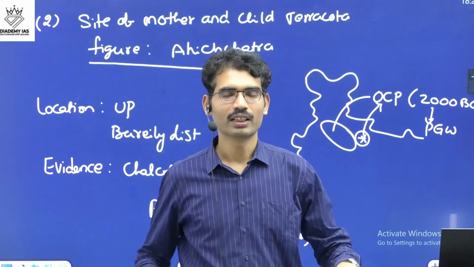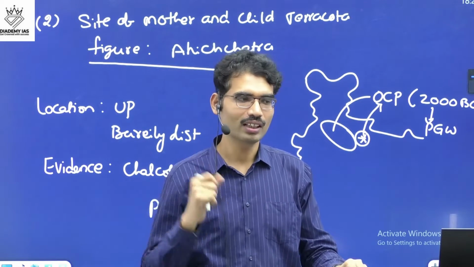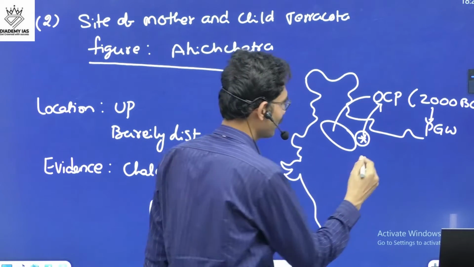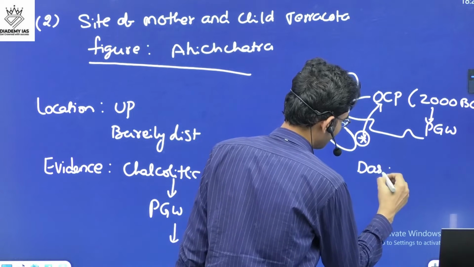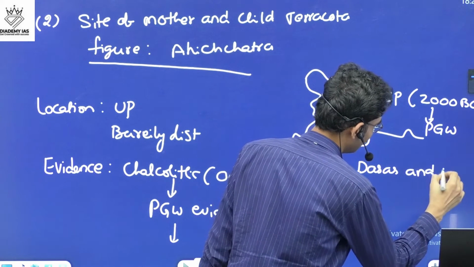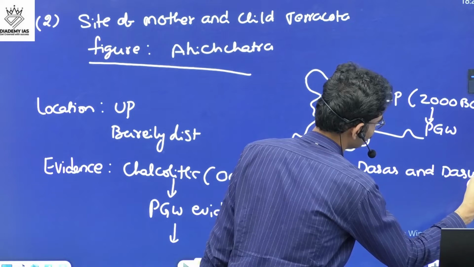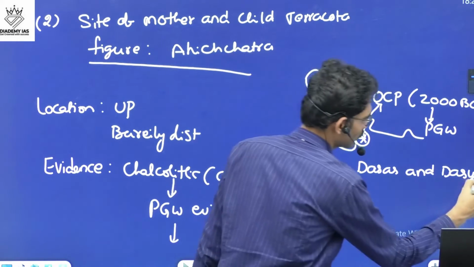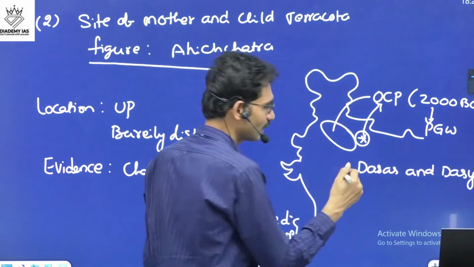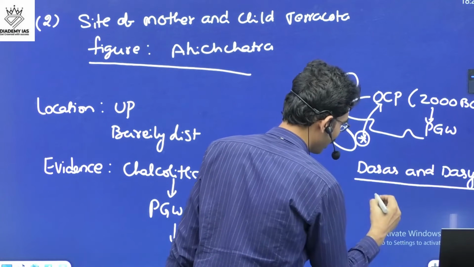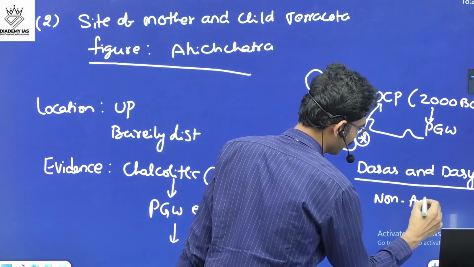This is where in the Rig Veda and other Vedas, you will have two terminologies, Dasas and Dasyus. These are the terms given by Aryans to non-Aryans.